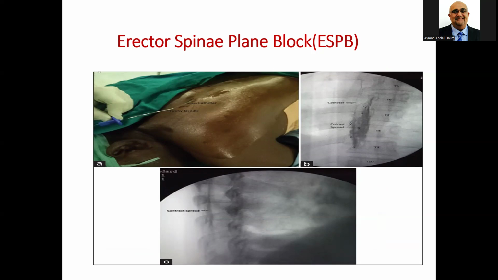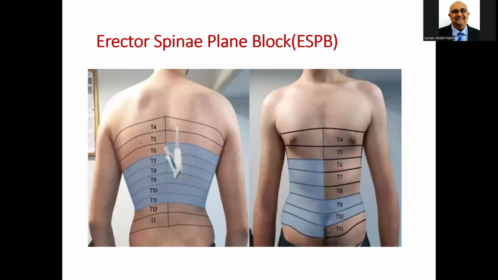Same thing, of course, with paravertebral and thoracic epidural. All of these, you can run a continuous infusion. And this is basically the pattern of the block. In fact, it spreads even to the other side. Some of it, not complete, but some of the local will go to the other side as well.